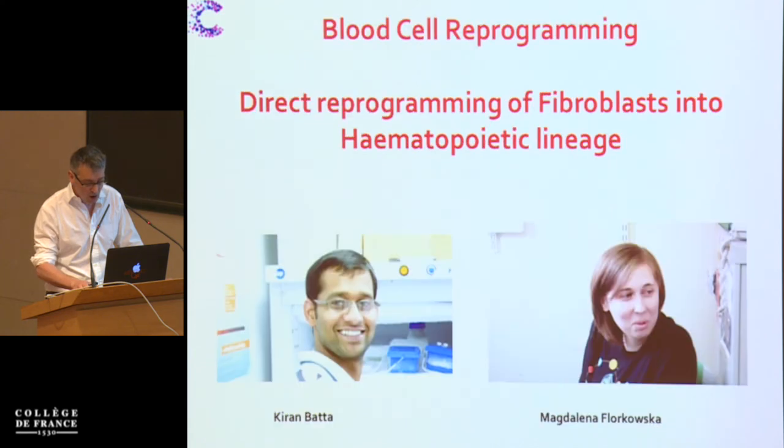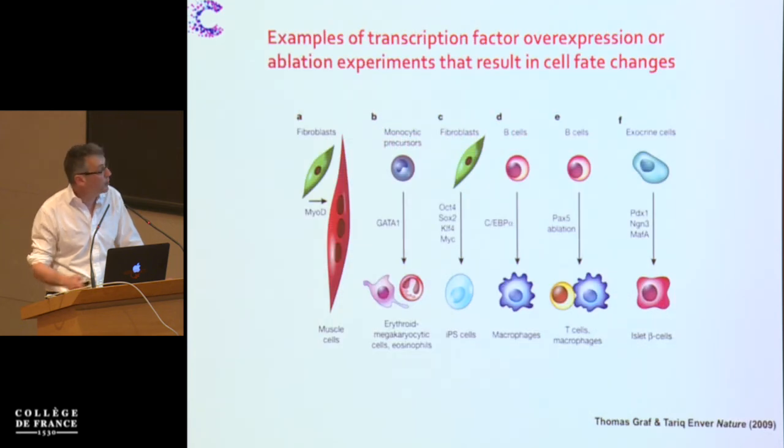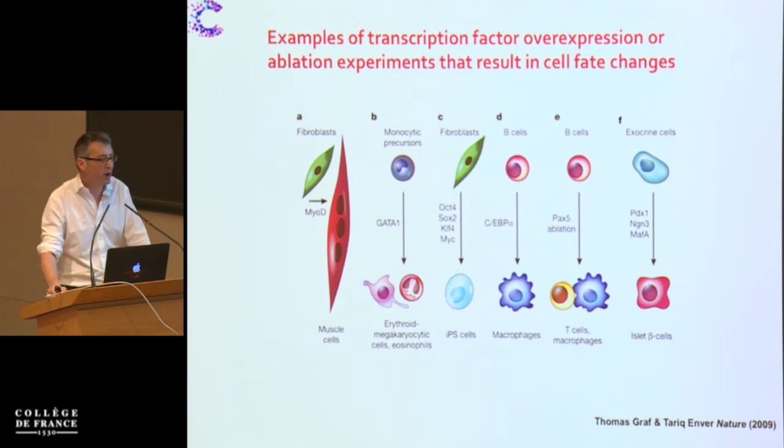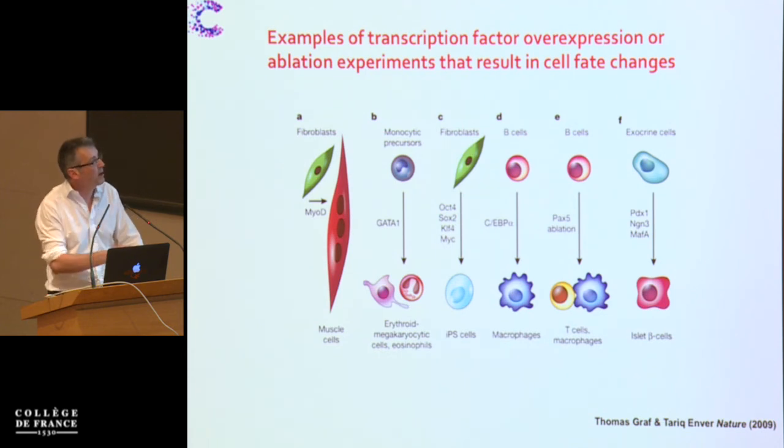reprogramming. The idea is, can we reprogram fibroblasts to blood cells? As you know from the work on iPS cells, we can reprogram, and also from the work of Weintraub, MyoD can reprogram fibroblasts to muscle cells. But there are also examples inside the hematopoietic system where you can change cell fate with transcription factors.